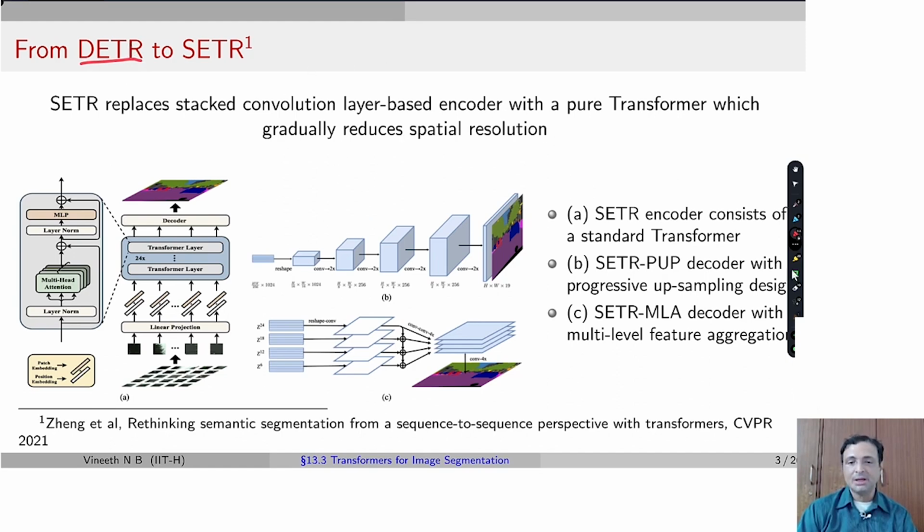This was published in CVPR of 2021. We are not going to go into the detail of each of these architectures. We will very briefly cover a few of them before we go into Segment Anything.